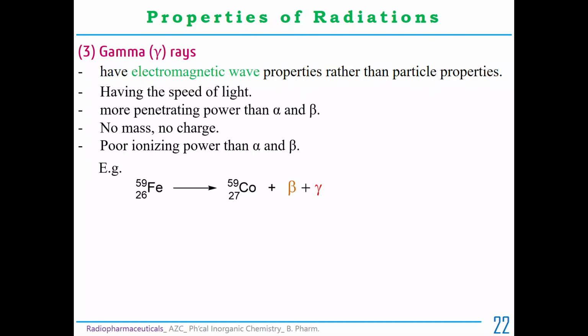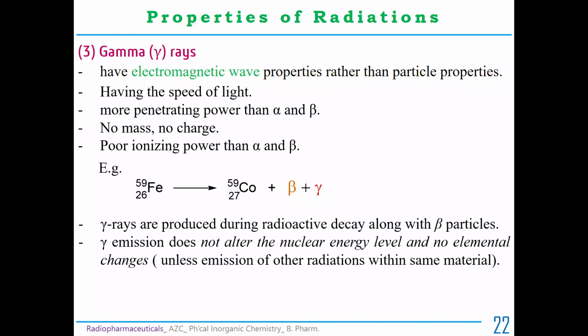Iron-59 emits beta and gamma radiations and spontaneously converts to cobalt-59. Gamma rays are produced during radioactive decay, along with beta particles. Gamma emission does not alter the nuclear energy level, and causes no elemental changes, unless there is emission of other radiations within the same material.